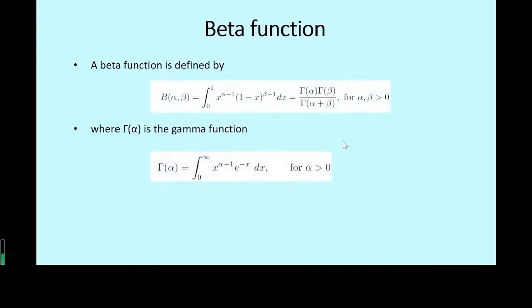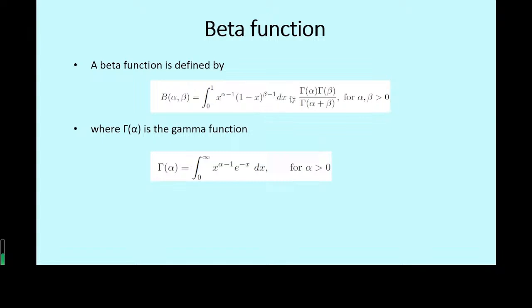Before we can understand the density function of the beta distribution, we have to know something called the beta function. This is a beta function. The beta function is an integration of values between 0 and 1, and the integrand is x to the power alpha minus 1 times 1 minus x to the power beta minus 1.